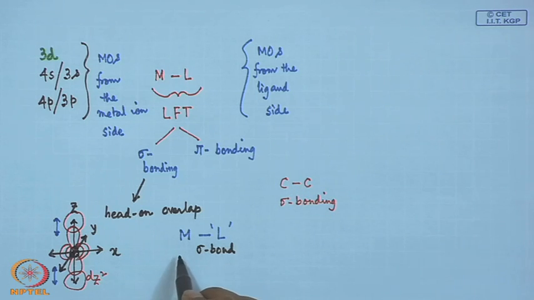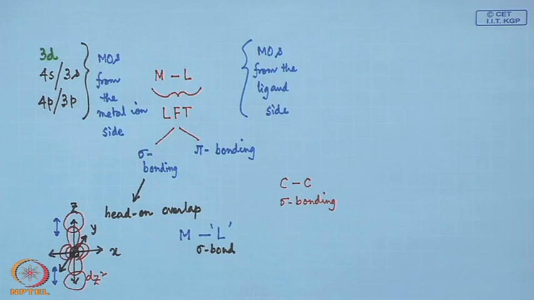But in this particular situation, when the sigma bonding interaction takes place, we will find whether this overlap is taking place with the corresponding donation from the ligand to the metal center, or at some time we will find that the ligand can also function as an acceptor, accepting the corresponding electron density from the metal side. Both these things can happen, and for that purpose we should know the corresponding energy levels for these sigma bonding interactions.